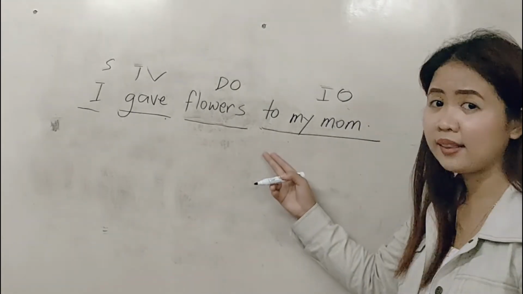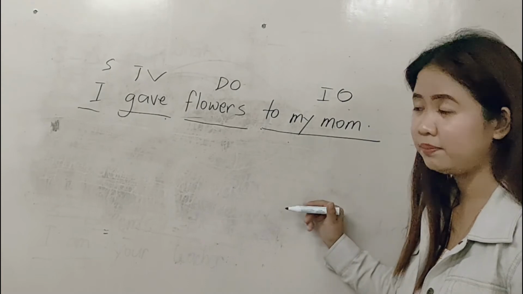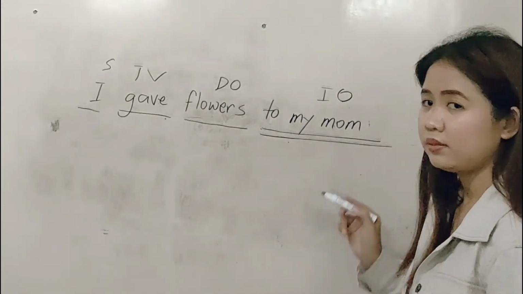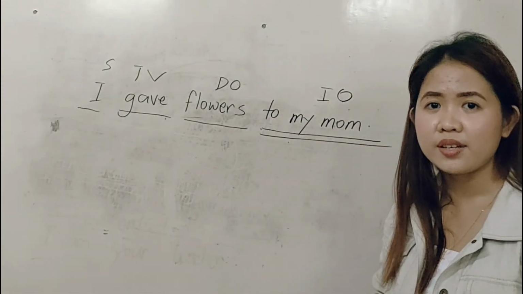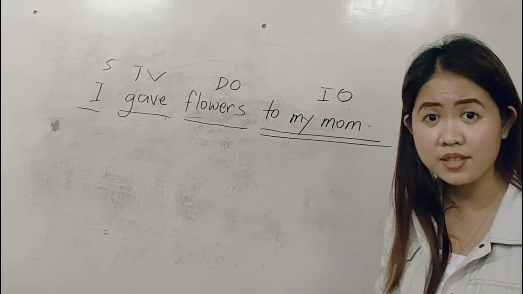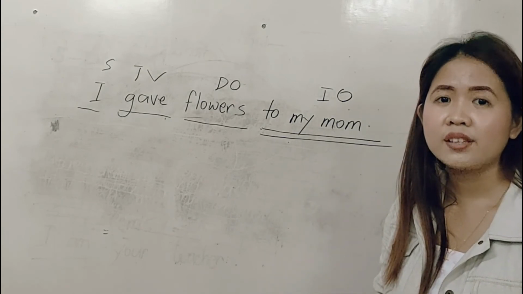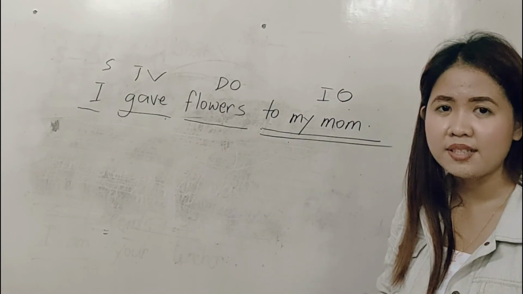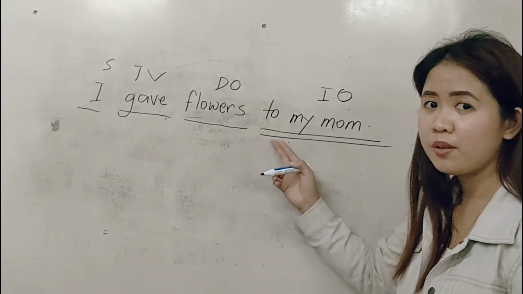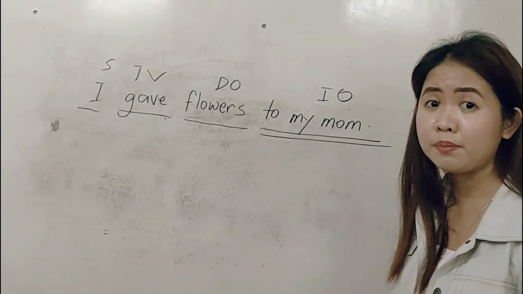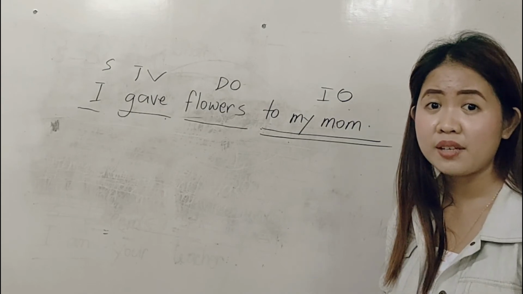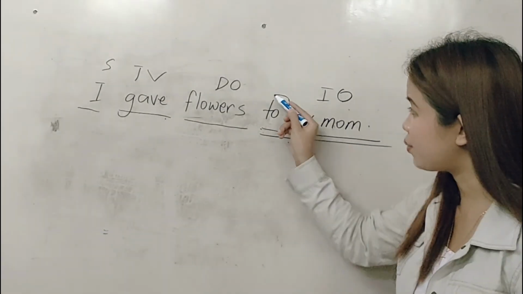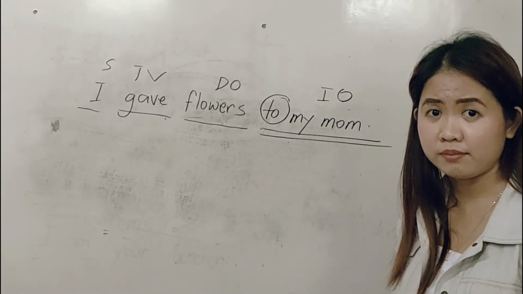But look at the arrangement of the words. I have mentioned earlier that prepositions are not included in the sentence pattern. To my mom is an example of a prepositional phrase because this one is a preposition.